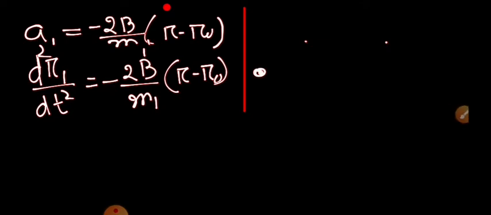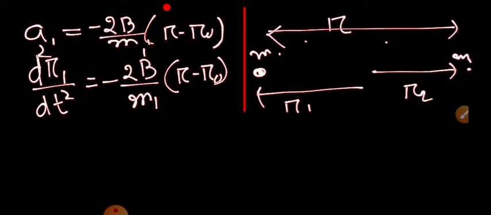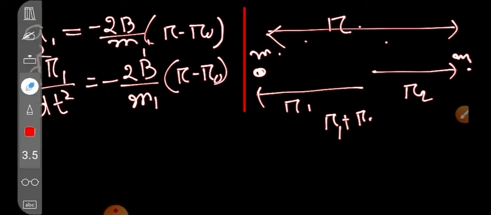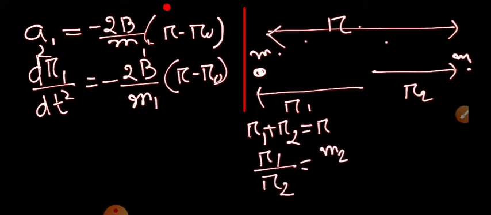Let's see their positions at any instant. Particle m1 is at a distance r1 from some origin, and m2 is at a distance r2 from the origin, and the separation between them is R. So we have the relation r1 plus r2 is equal to R, and r1 by r2 is equal to m2 by m1.